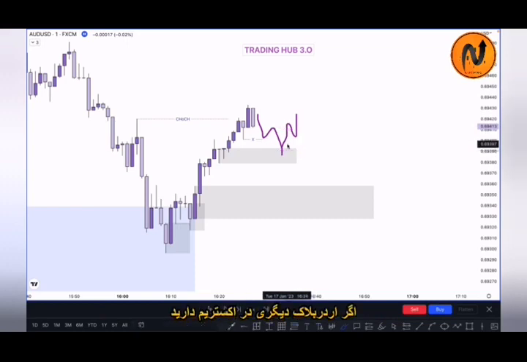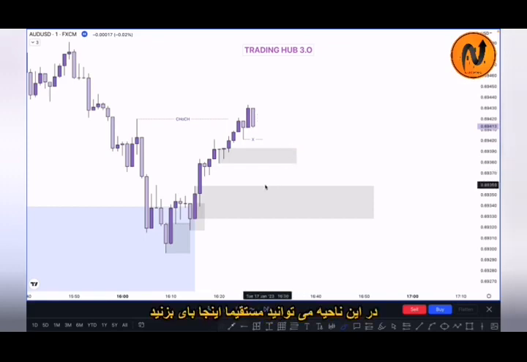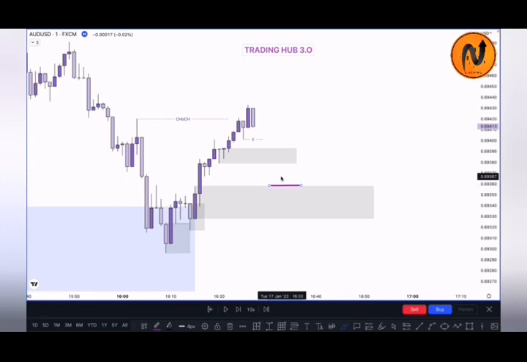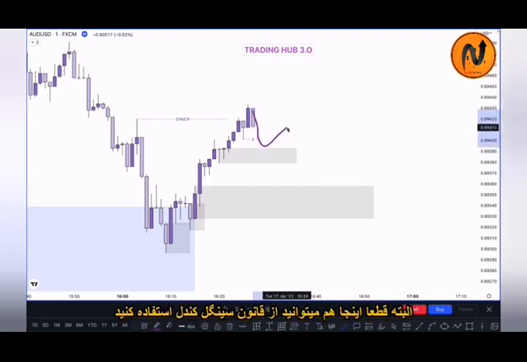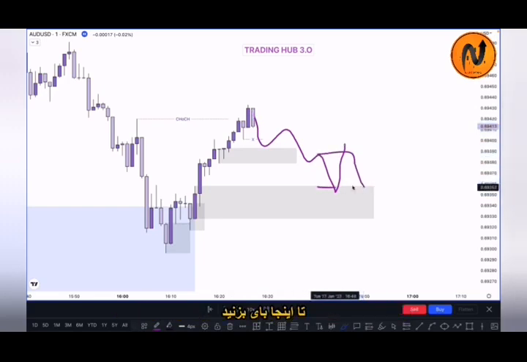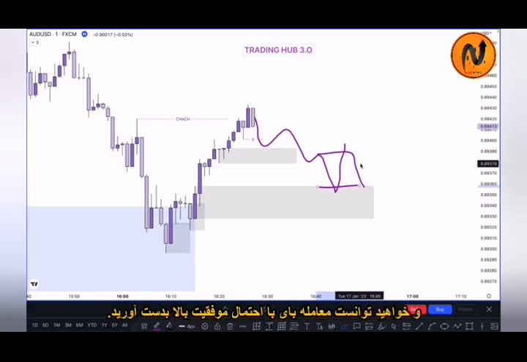If you have one more order block on the extreme, at this point you can buy directly here because this one is our extreme order block. You don't need to wait for the single candle order block at this point because this one is extreme, right? And this one is our decisional. To get more additional confirmation, you can also follow the single candle mitigation rule for the buy. In that case your entry will be a reduced risk entry, on the safer side, and you can get a high probability entry for the buy like this.